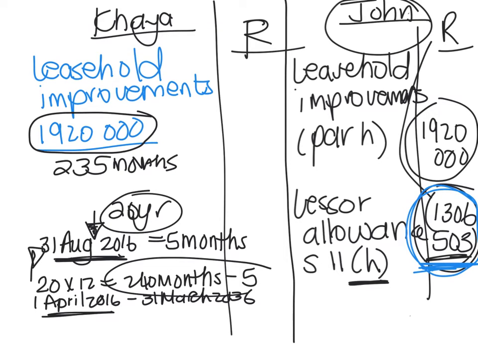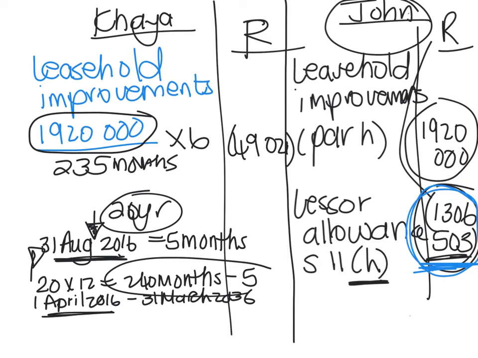I used it September, October, November, December, January, February. 6 months. And that's going to give me then the deduction of 49,021.